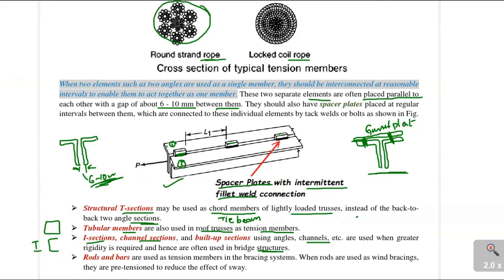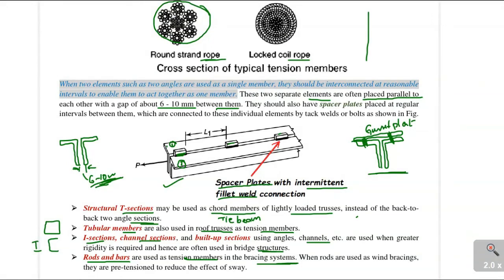The member is going to have more strength. So when more strength is required for a member, in such cases we go for I sections or channel sections or built up sections using angle and channel sections. And rods and bars are often used as tension members in bracing systems.